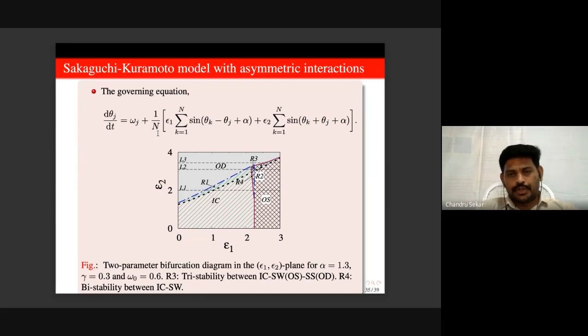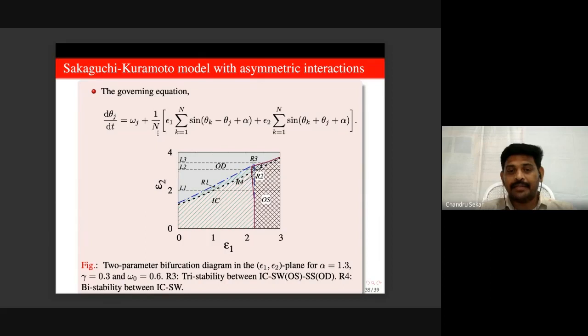When we introduce this asymmetric parameter into this equation, interestingly, we have identified a tri-stability region. Previously we had only a bistability region, between the incoherent and stationary synchronized state, and between the stationary synchronized state and standing wave state.